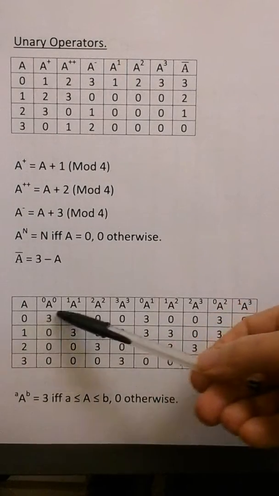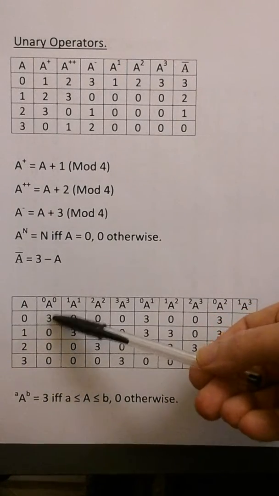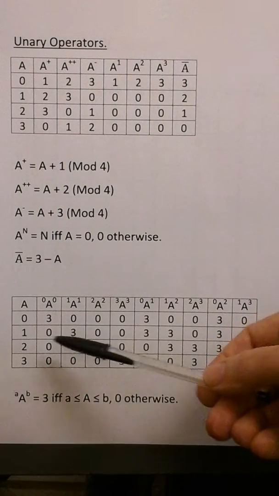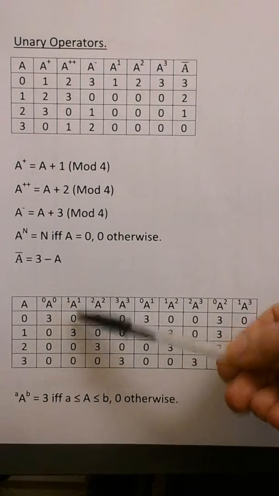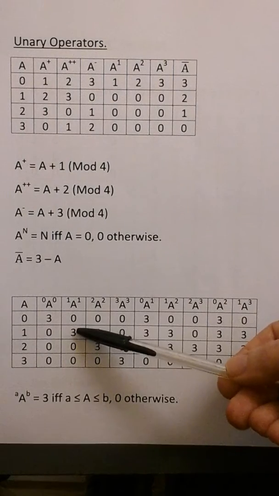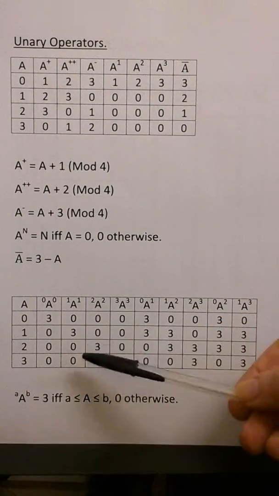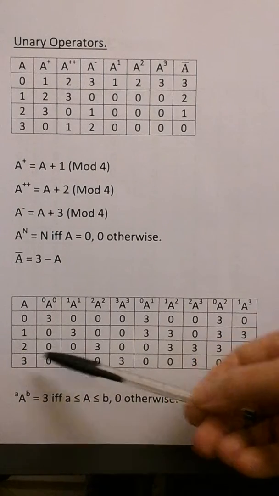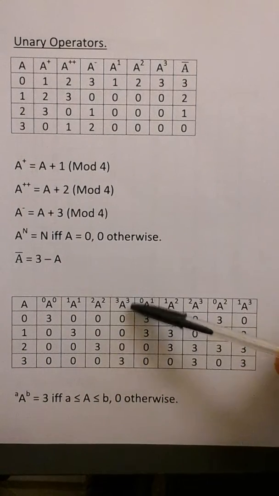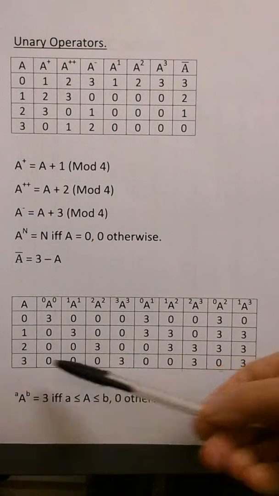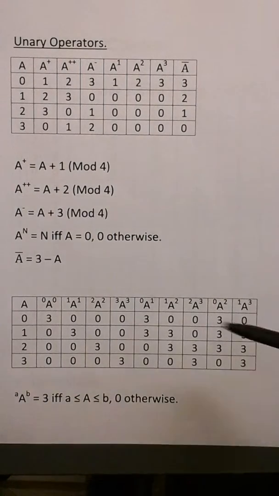So here A00 is 3 at A equals 0 and 0 otherwise. A11 is 3 at A equals 1 and 0 otherwise. A22 is a 3 at A equals 2 and 0 otherwise. A33 is a 3 at A equals 3 and 0 otherwise.